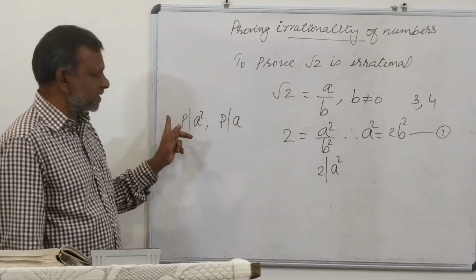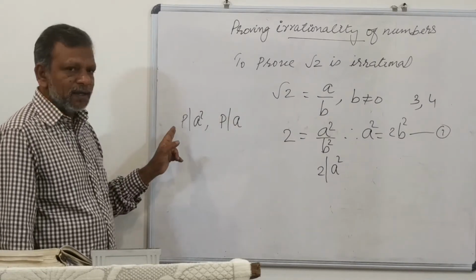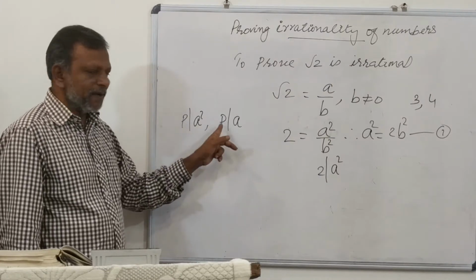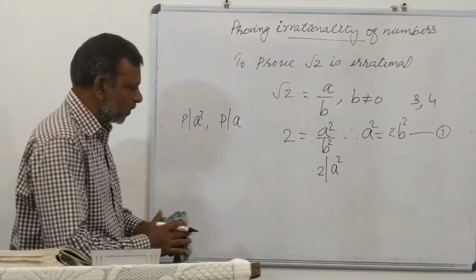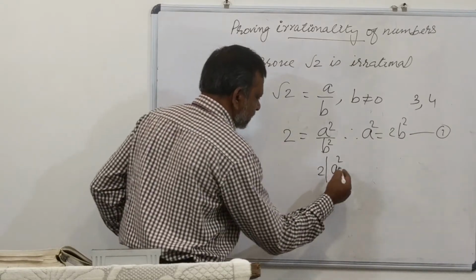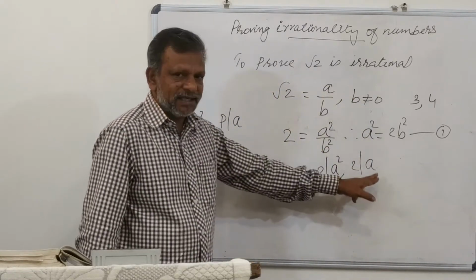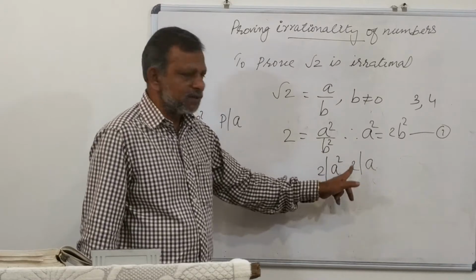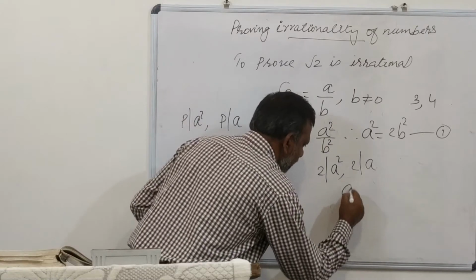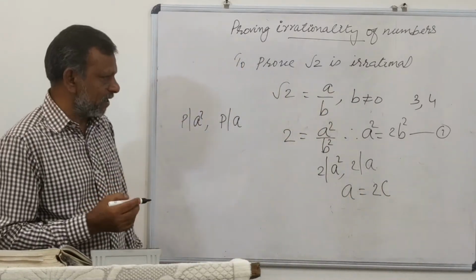By the second theorem, which we have already studied in the last class: let p be a prime number and p divides a square, then p divides a also. Therefore, by using that theorem, we can say that 2 divides a square, then 2 divides a also. Since 2 divides a, it is very clear 2 is a factor of a. So, a equals 2c for some integer c.